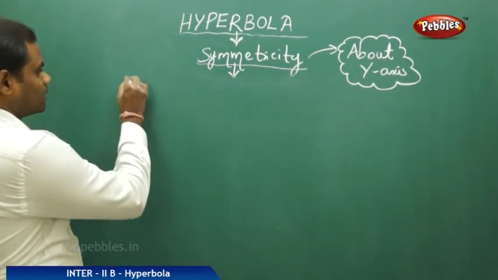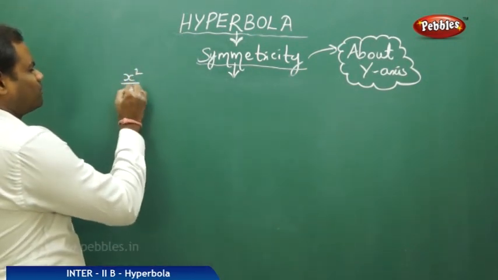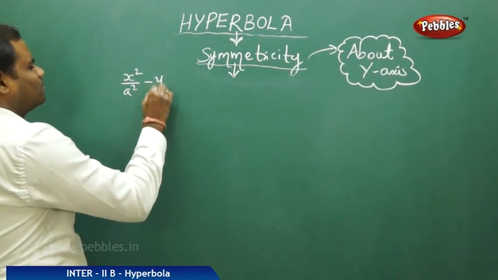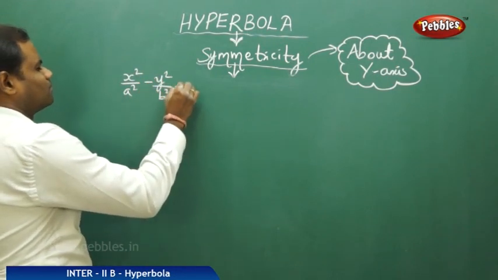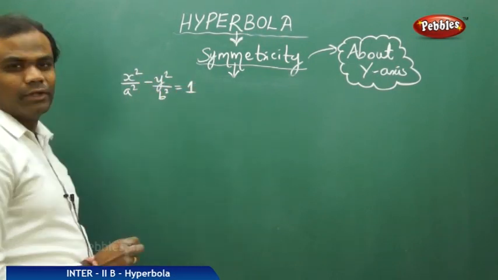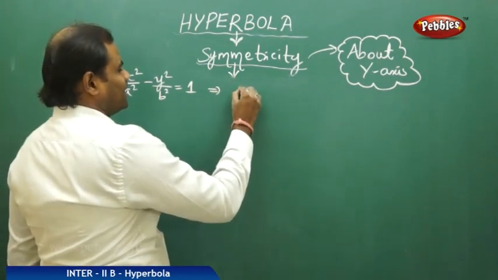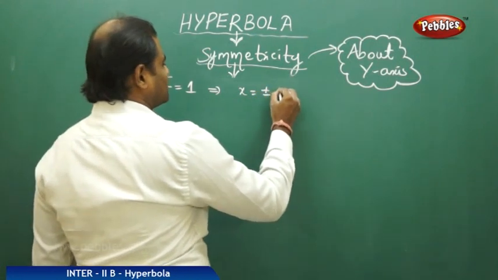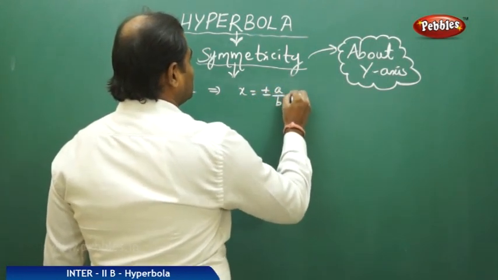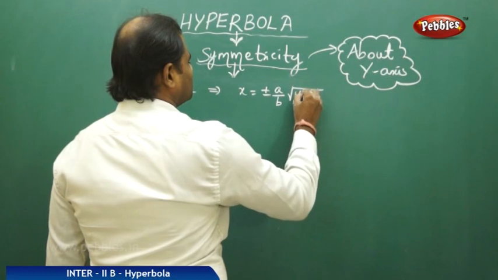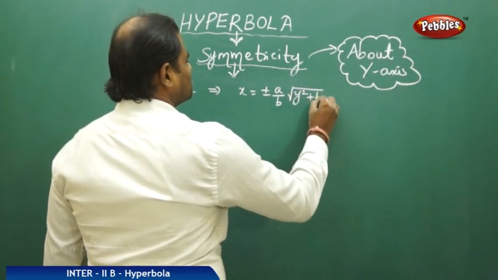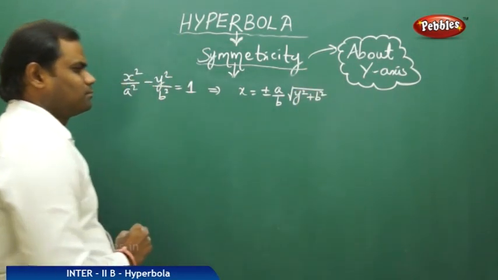In a similar manner, I take the equation of hyperbola in standard form, with this implying that my x is plus or minus a by b root of y squared plus b squared.